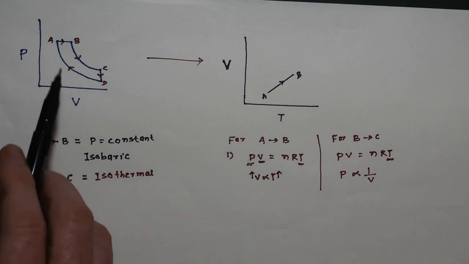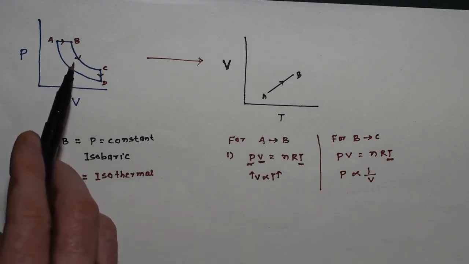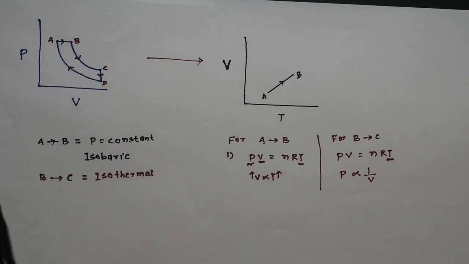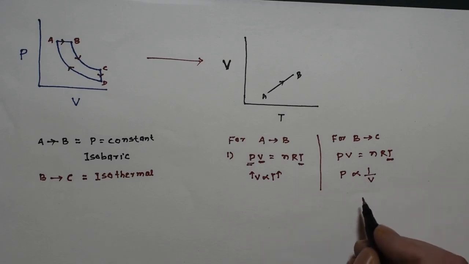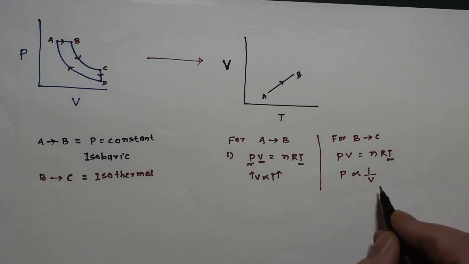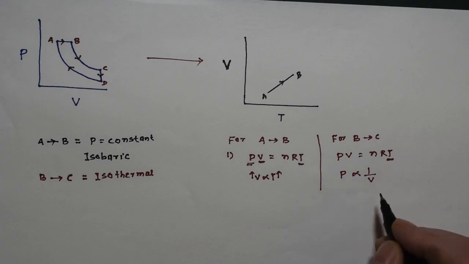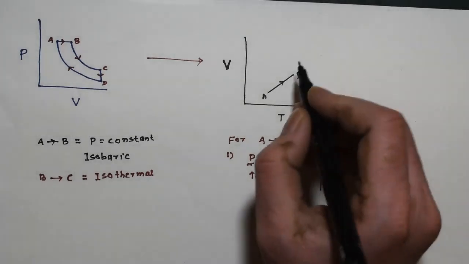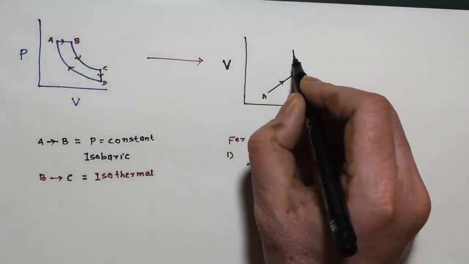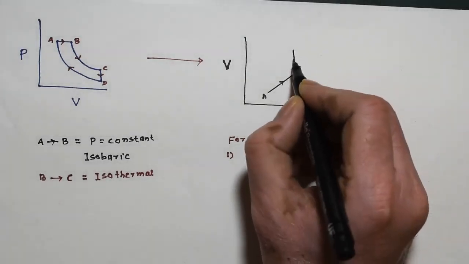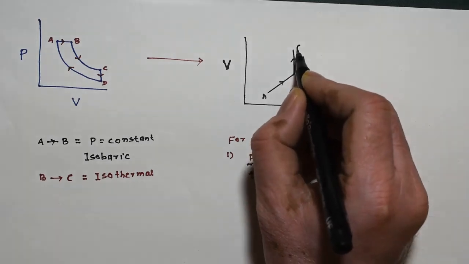In the original graph, pressure decreases and volume increases. That means if volume increases, then pressure will decrease. That means this graph will go like this. This is C.